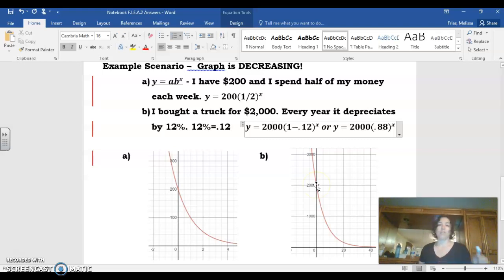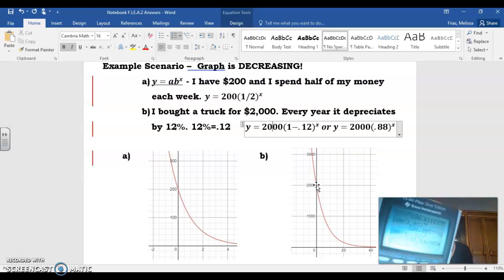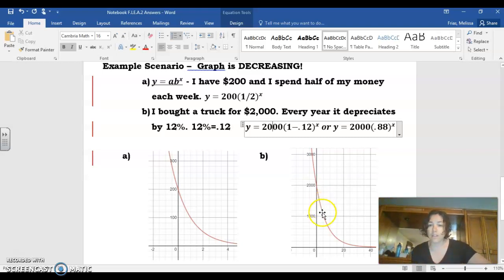So if I actually wanted to plug it in, I have my calculator right here. I'm going to take 2,000 times 1 minus 0.12, and let's say for 5 years, then, oops, let's see. After 5 years, it says right here, if you can't see that, it's about $105.